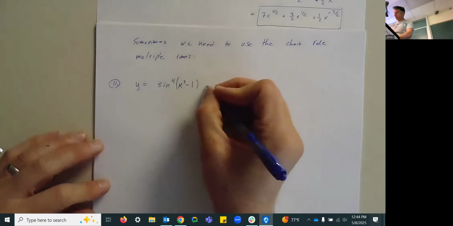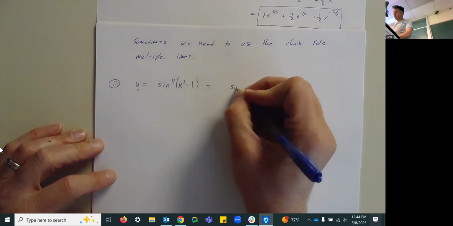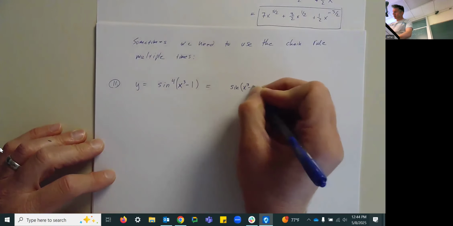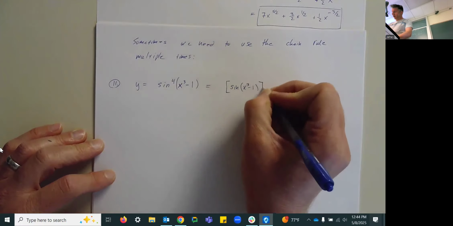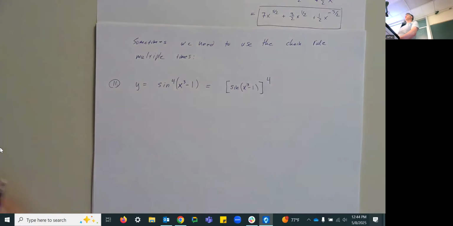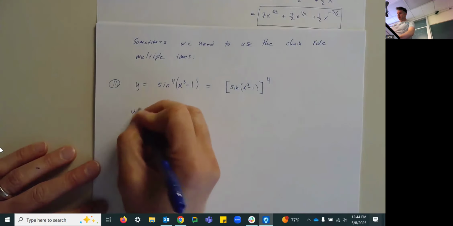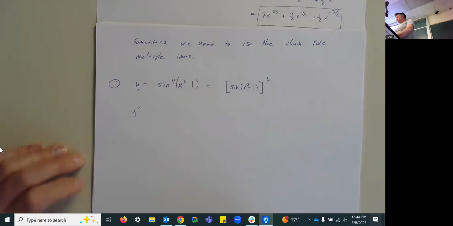I would rewrite this as sine of x cubed minus 1, all of that raised to the fourth power. Because now it is more obvious that we have some stuff to the fourth power as our outermost function.